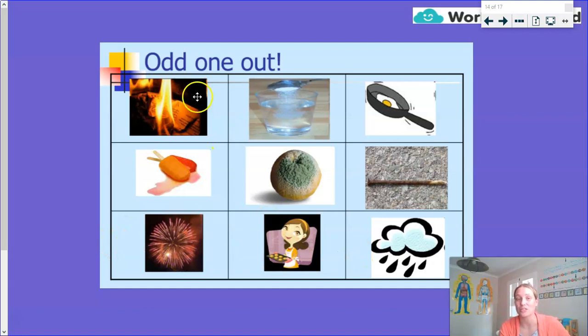And if you look down the columns instead of the rows, then once again you should have picked out the physical reaction, the reversible, as the odd one out. So here, the melting ice lollies, here, the salt in the water, and here, the rain cloud.